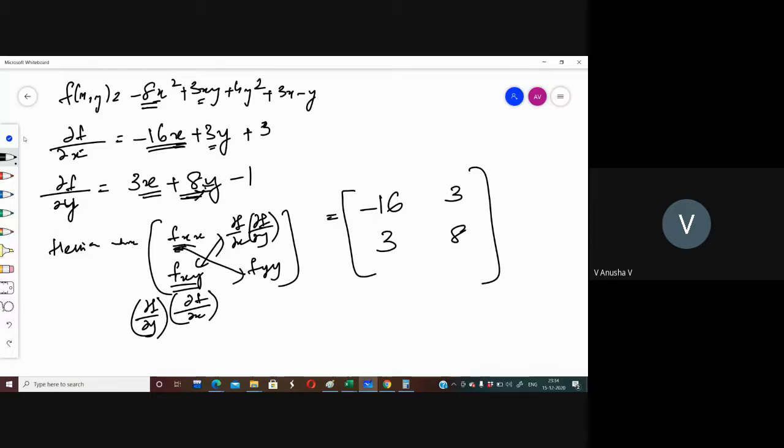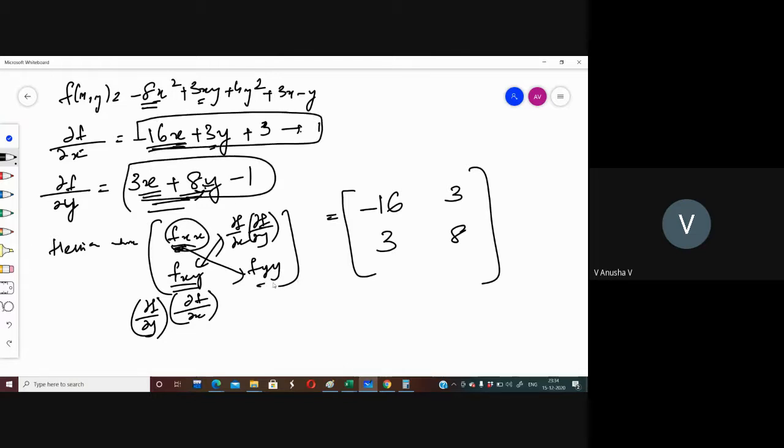So first, what did we do? We found the first derivative with respect to x and with respect to y, and later we found the double derivatives, and later the single derivatives. Whenever you differentiate dou f by dou x with respect to y, you will have dou square f by dou y dou x.